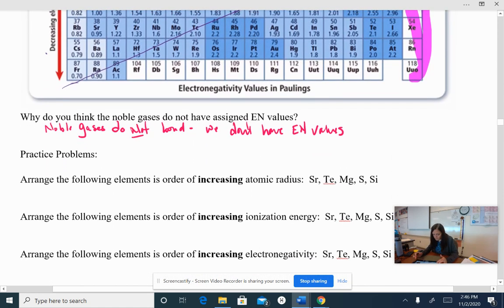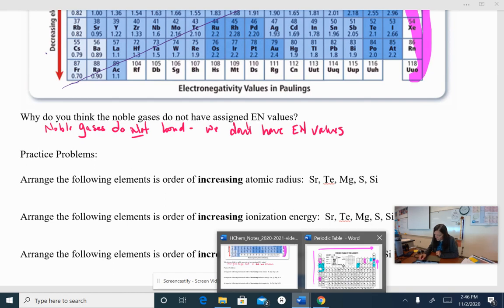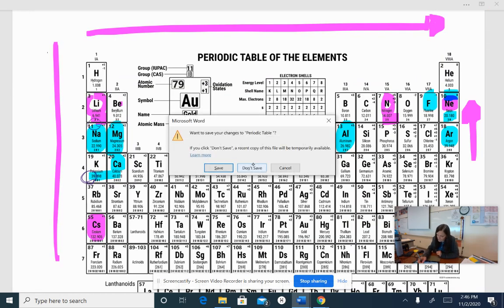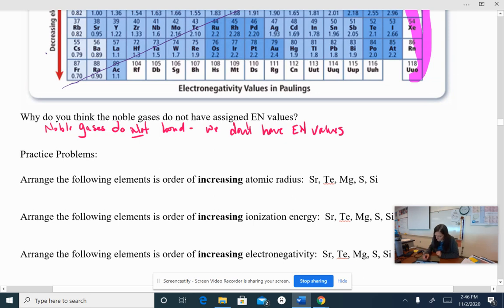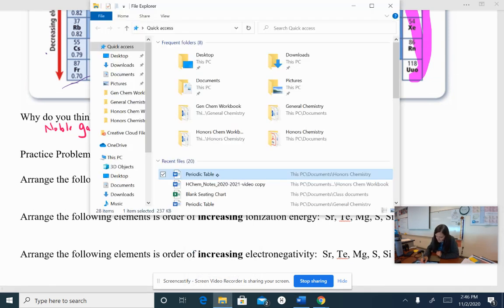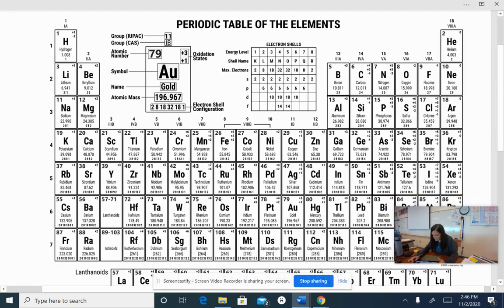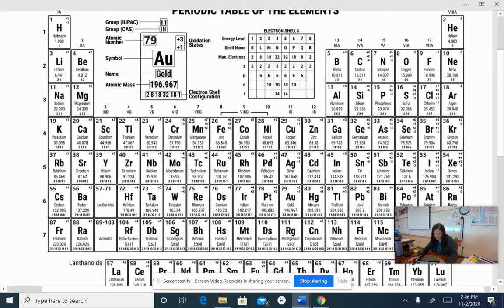Arrange the following elements in order of increasing atomic radius. So I'm going to grab my periodic table and I am going to close this out. I'm not going to save it so that I can open it back up as its blank copy. And we're going to highlight these atoms again.